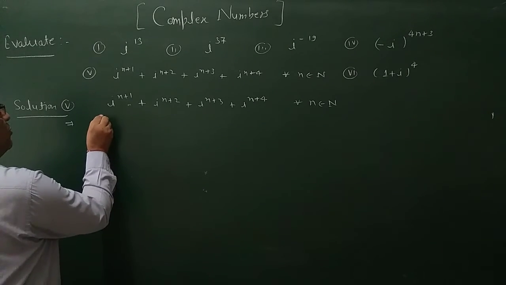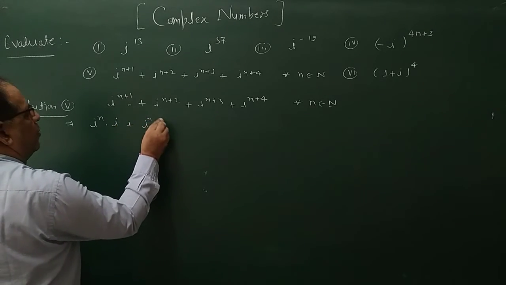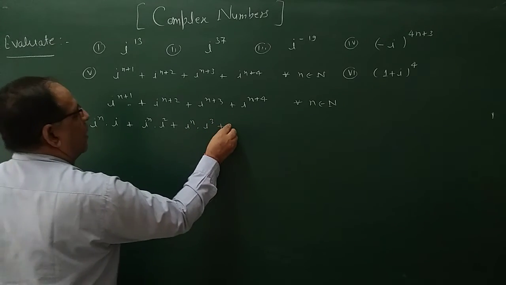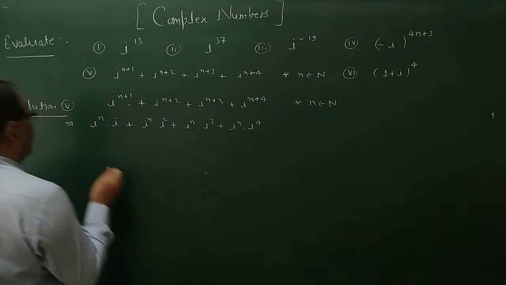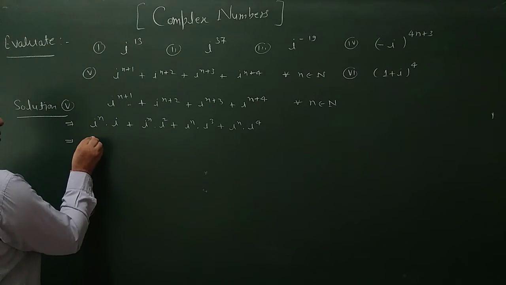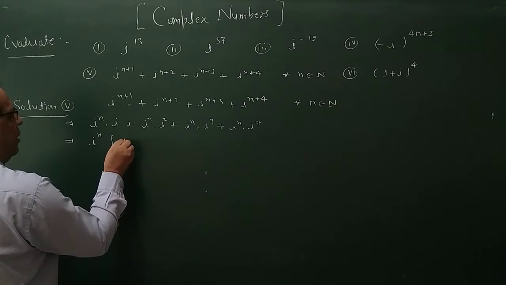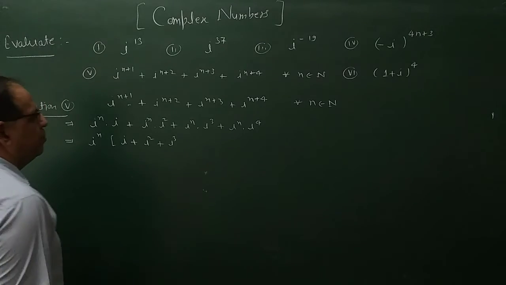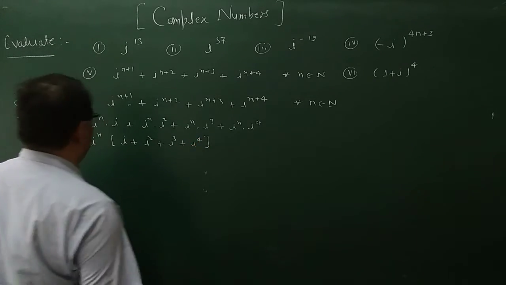This can be split as iota power n into iota, iota to the power n into iota square, iota to the power n into iota cube, iota to the power n into iota to the power 4. Now take common iota to the power n from each term. Now we have iota, iota square, iota cube, iota to the power 4.